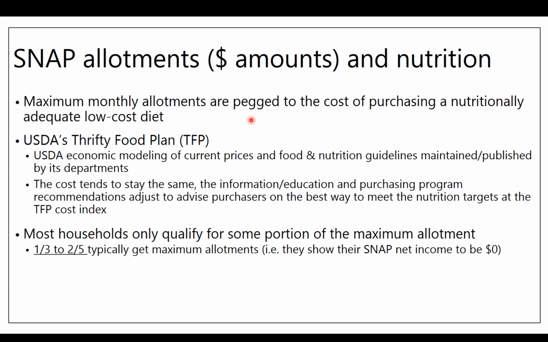And so certainly when you're receiving allocations from the federal government that go towards consumption for your food, they are obliged to give you some information and education along with it, and that's where the Thrifty Food Plan comes in.